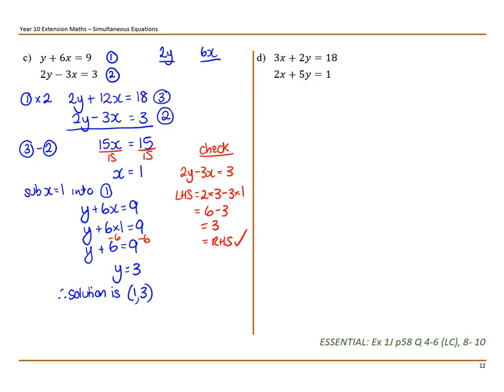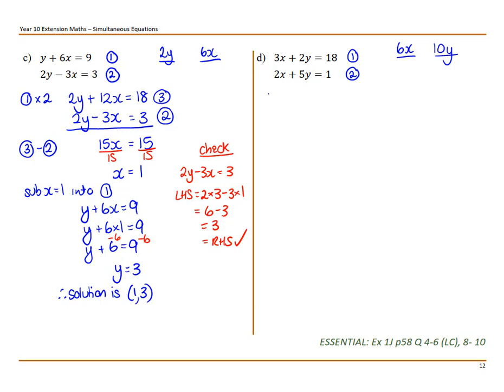Last example, label my equations. I don't have anything the same. Okay, I've got 3x and 2x, I've got 2y and 5y. So my goal, I'd either go for 6x or I will go for 10y. I'm going to choose 6x because I'm going to multiply by smaller numbers.